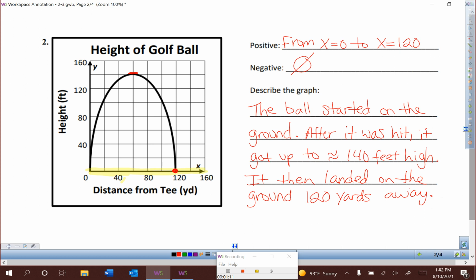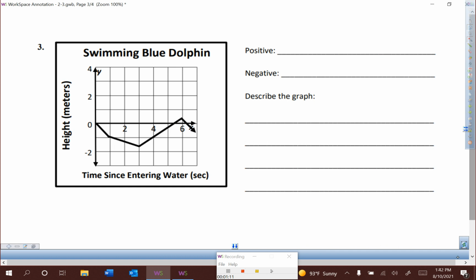Okay, so then on to number 3. Now this was our one that got a little bit more complicated. Now here we have our x-axis in the middle, so we can see that we're going to have some negative and some positive on this one, because we've got stuff on either side. So let's start with my positive, because the only part that's positive is right here.